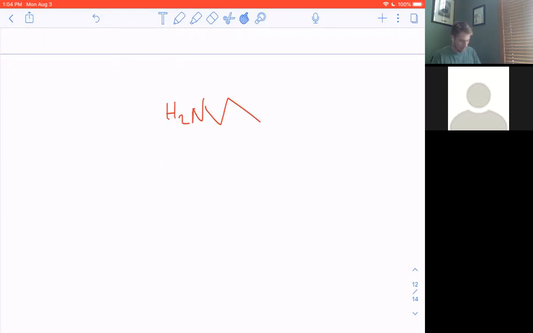So basically what you'll have is this right here. And what's the structure look like originally? So it has this ether. I'm going to draw those lone pairs in just because we'll need them later.